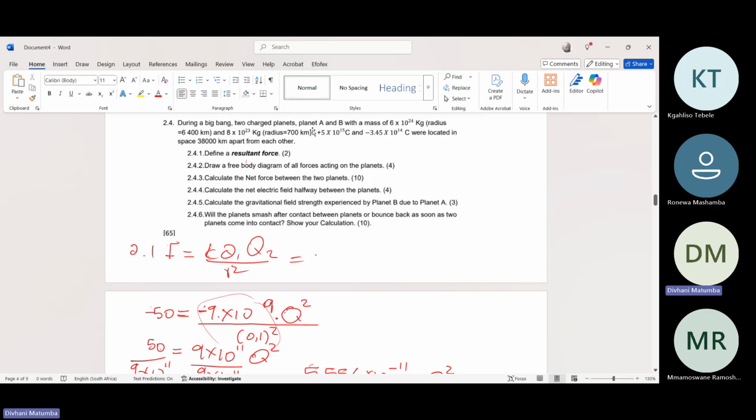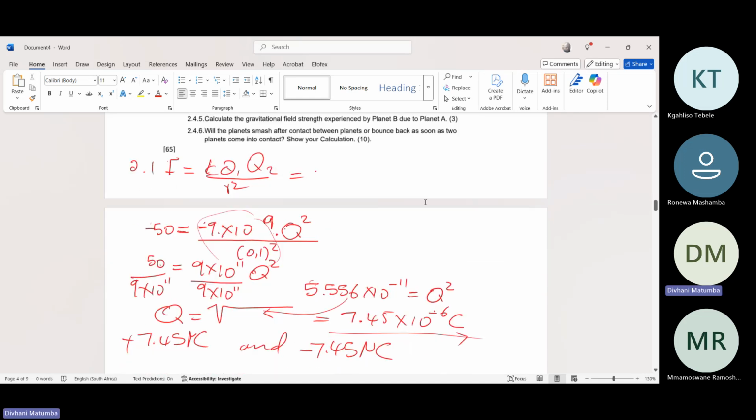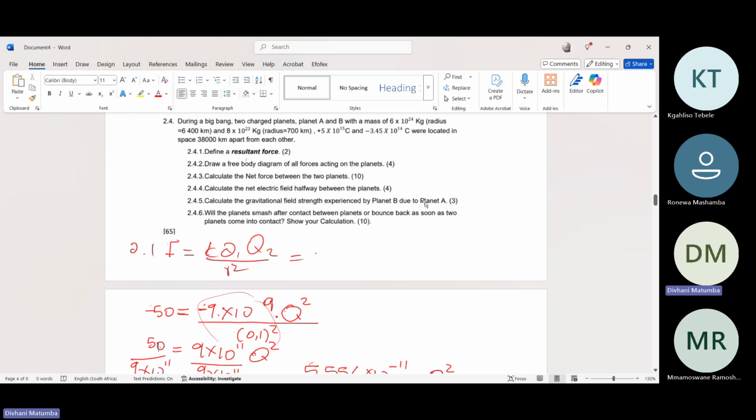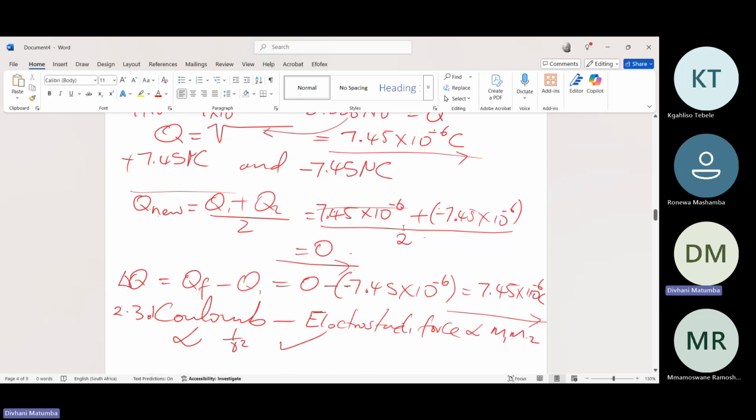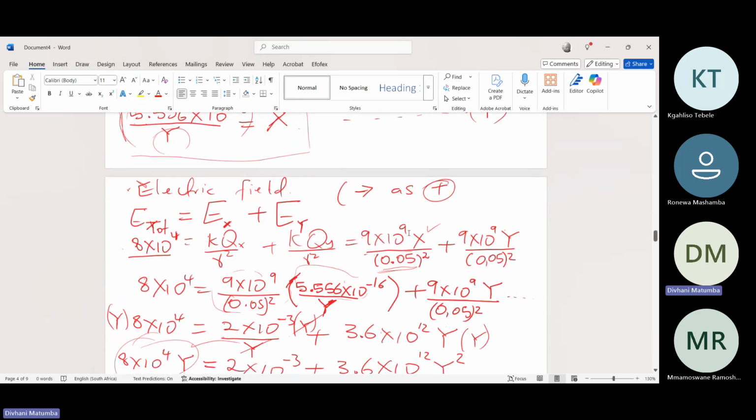During a Big Bang, two charged planets, planet A with a mass of 6 times 10 to the power of 4, and another one with 8 times 10 to the power of 23. And the two were located at a distance of 3.8 times 10 to the power of 5 kilometers.